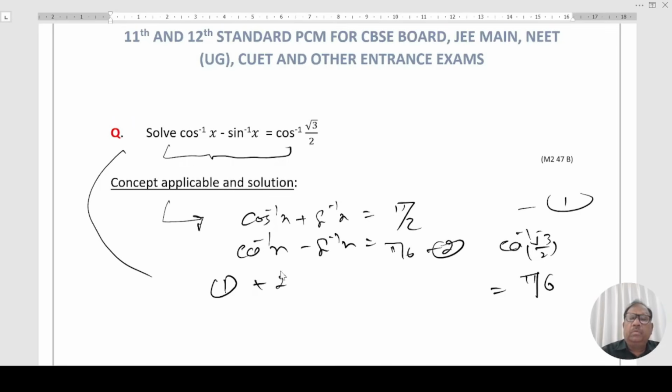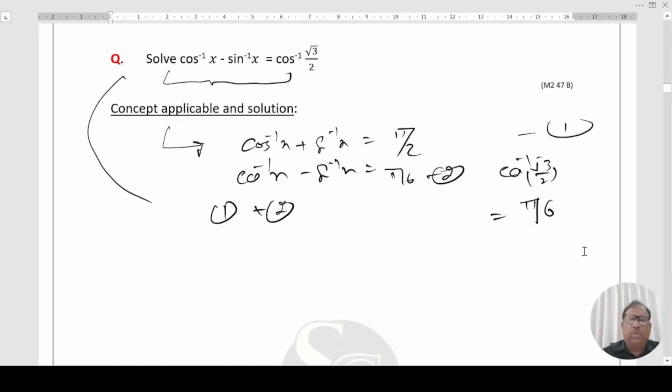Adding 1 plus 2, this is cancelled, 2 cos inverse x equal to pi by 2 plus pi by 6.